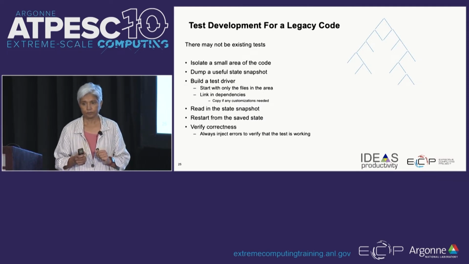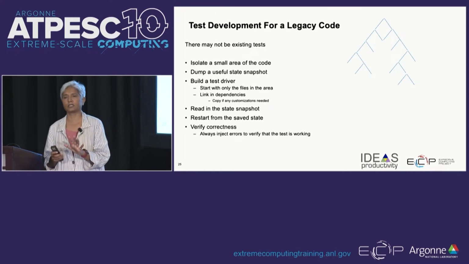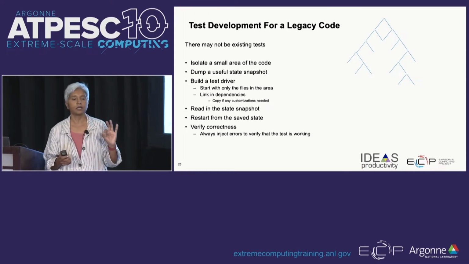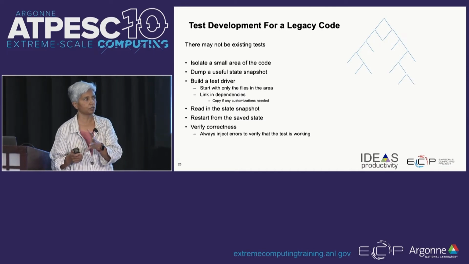So, this is one methodology that might work, and I have successfully applied it in E3SM, the climate modeling code, for isolating one particular module from the rest of the model.